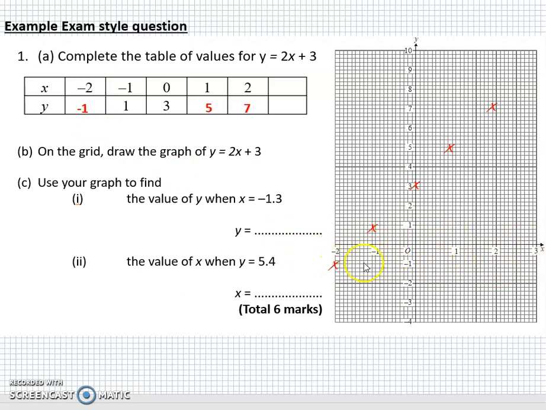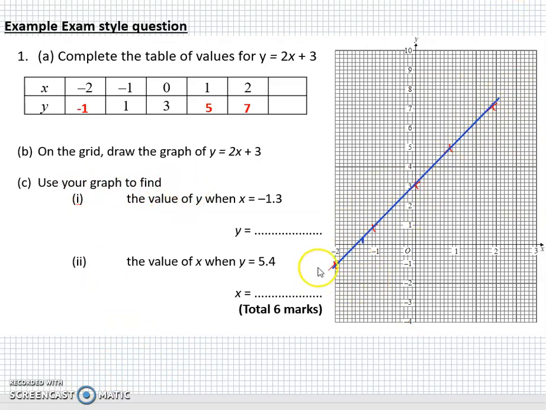So minus 2, minus 1, minus 1, 1. And then I've got my 0, 3, my 1, 5, and my 2, 7. My next step is to draw a line for this. So here is my line plotted.